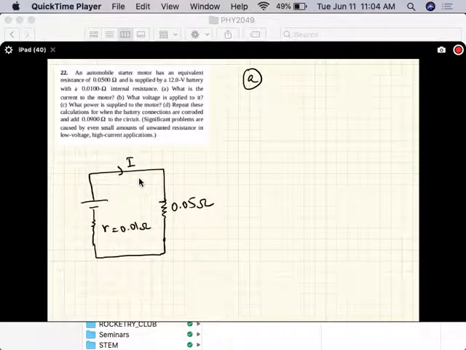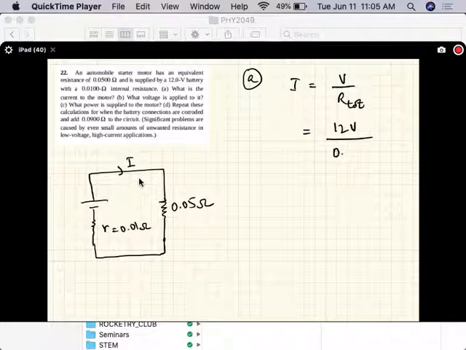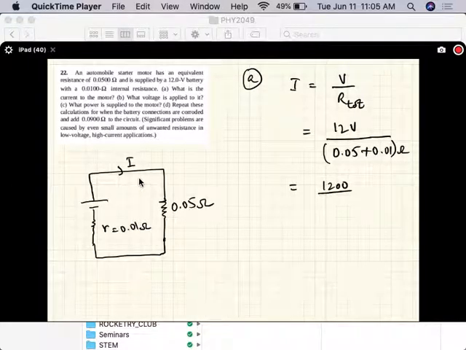According to Ohm's law, the current in the circuit is the voltage divided by the total resistance, and that's 12 volts divided by 0.05 plus 0.01 ohm. So this is 1200 divided by 6, 200 amps.